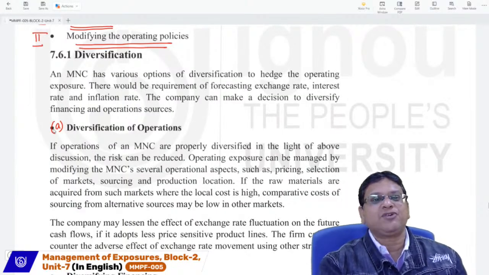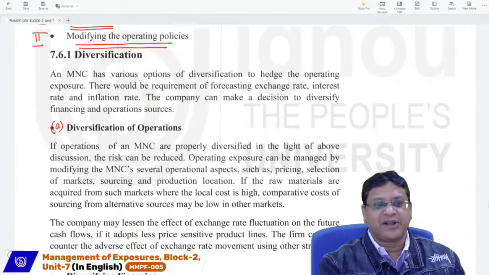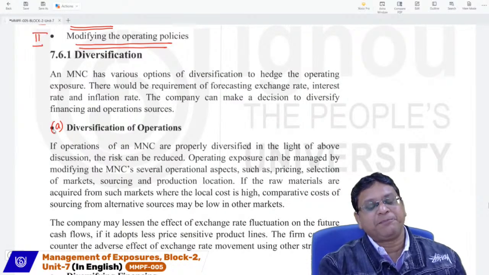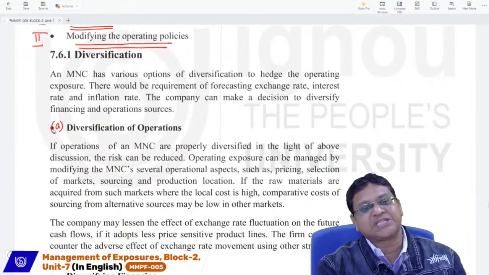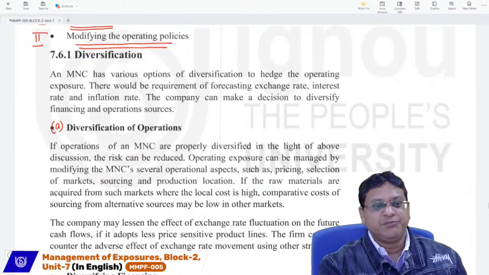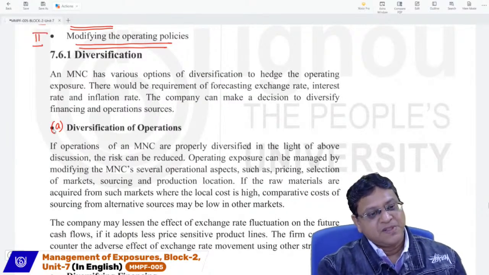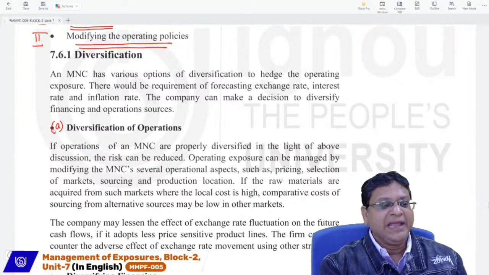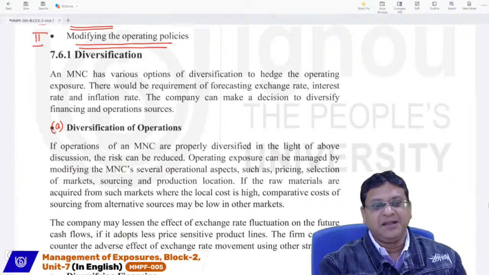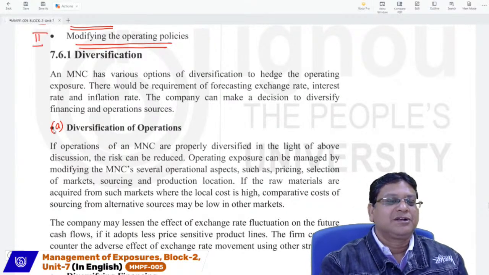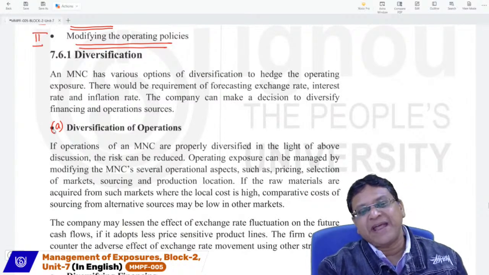Hence, MNCs try to operate in different countries. Previously, Infosys exports were primarily concerned with the USA. With US dollar depreciation, Infosys felt the pinch. Therefore, Infosys now tries to diversify its exports to Japan and European countries, so that the currency risk can be managed.